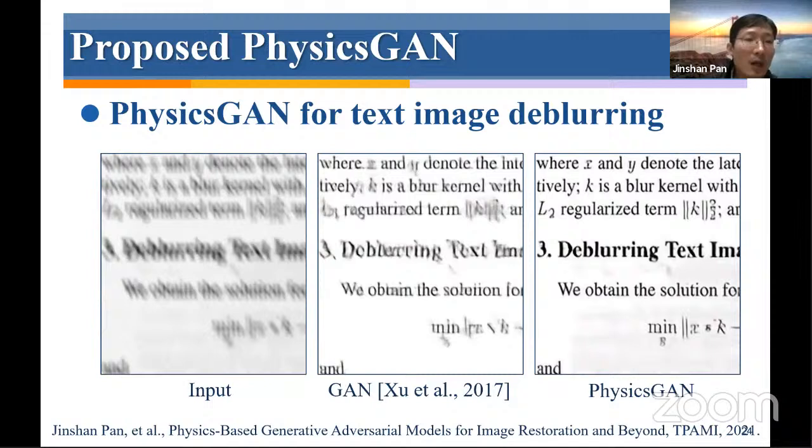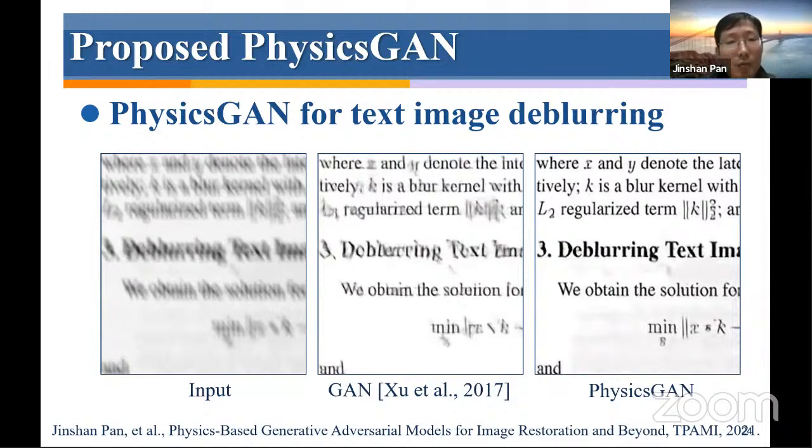And here is the application on real captured text image deblurring. We know that the GAN-based methods are based on the feed-forward model to estimate the clear images from the blurry ones. And we can see that it does not effectively remove the blur from this blurry image.